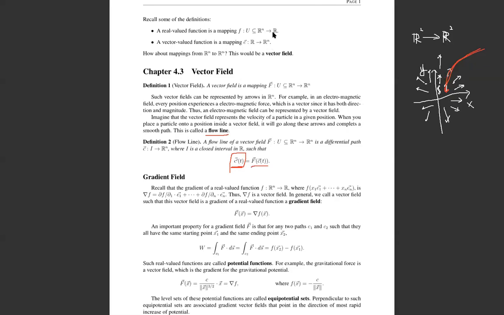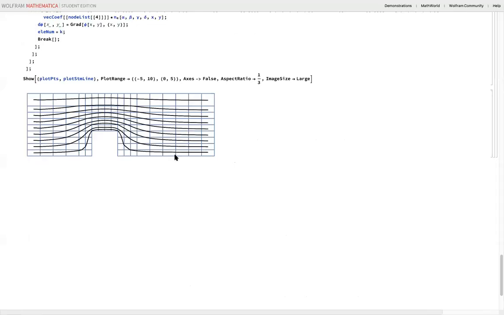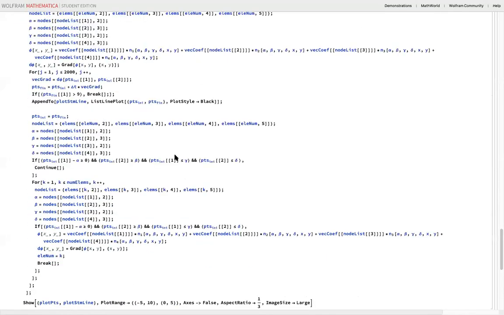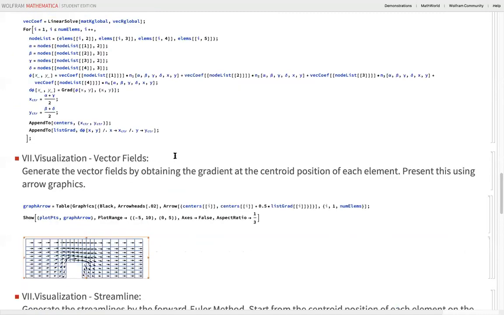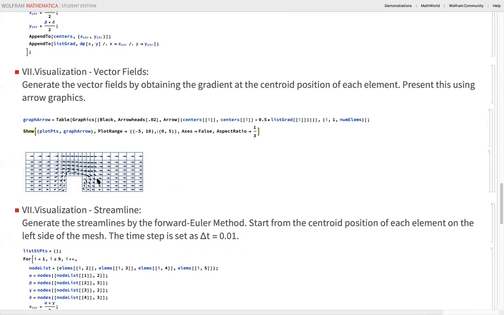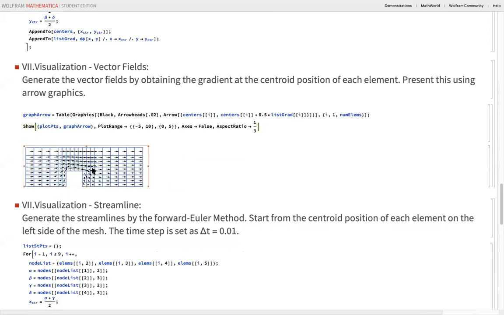Any questions? All right. What I will show you here is an example in R2. This is a little project I did before. Imagine this is a two-dimensional tube that describes the flow of water.